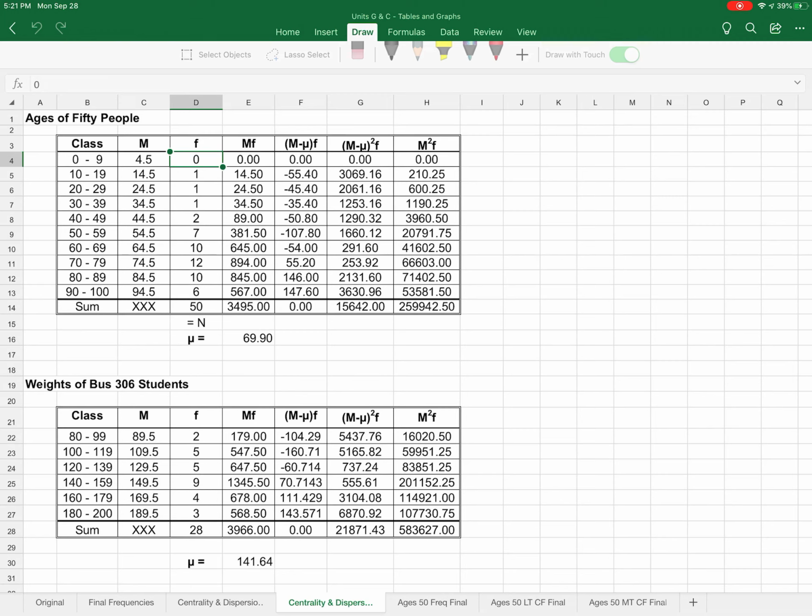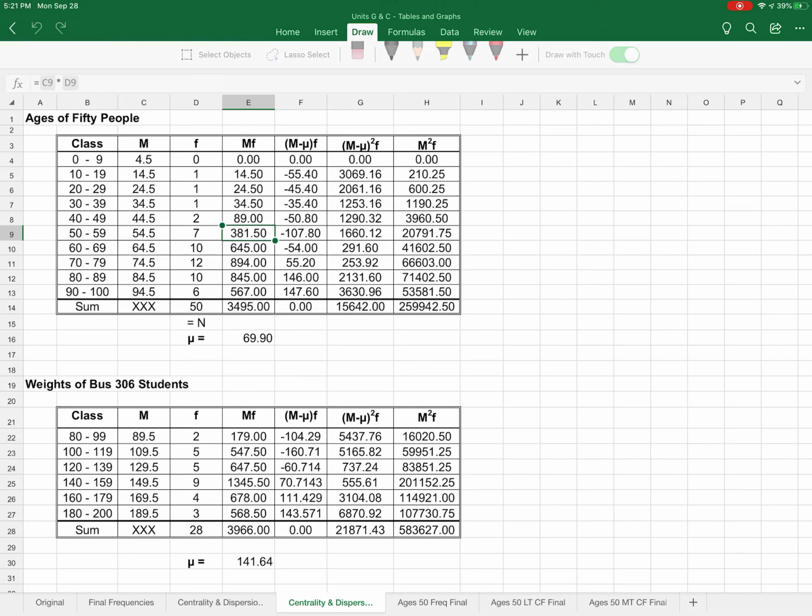And then we would multiply each of them together to get an MF. And then we're going to do that for each class all the way down. So down here, for instance, for the 50s, the midpoint is 54.5. There were 7 50s. And then multiply those together and you get 381.5.